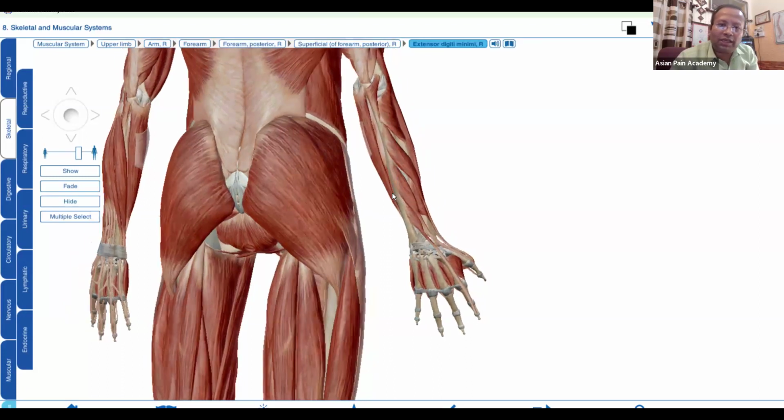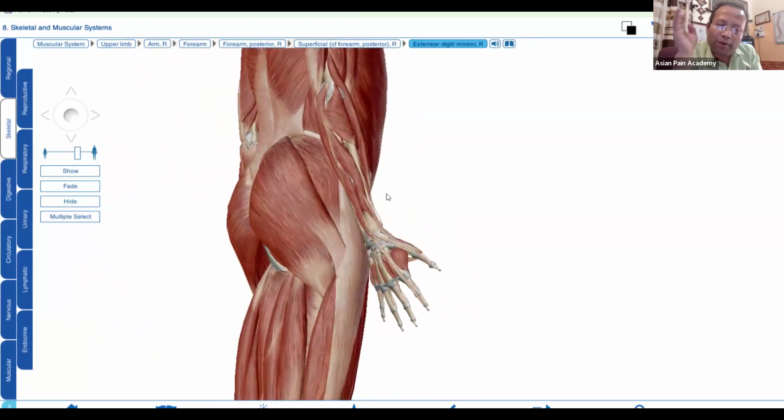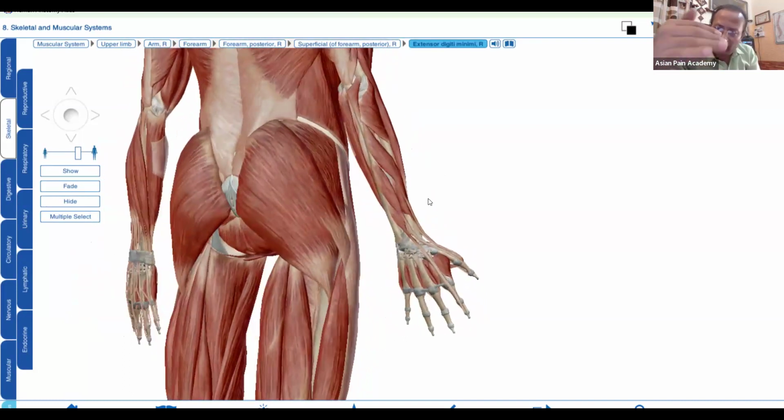So now you can remember compartment number 2, compartment number 4, 5, 6, all these muscles actually started from above the elbow, and they crossed the carpal region or wrist, and they inserted in the hand.